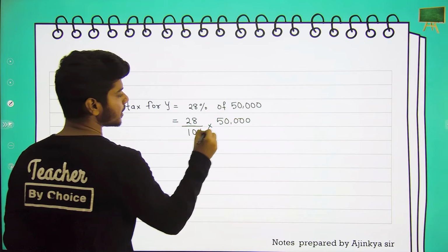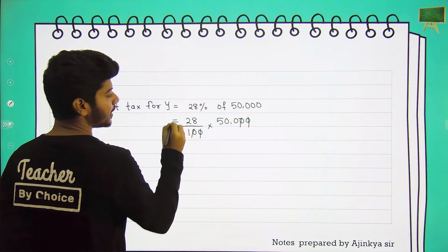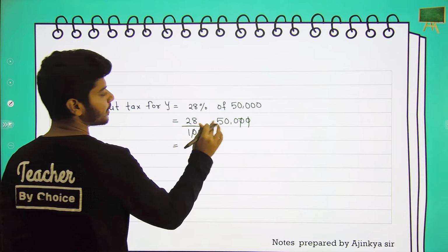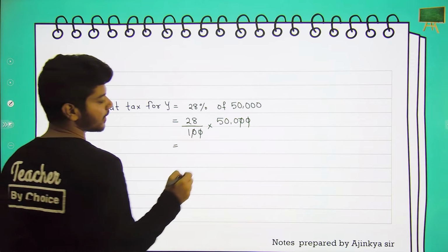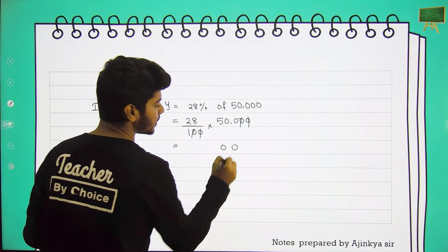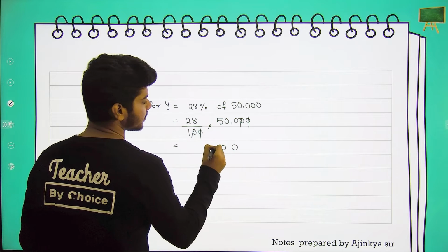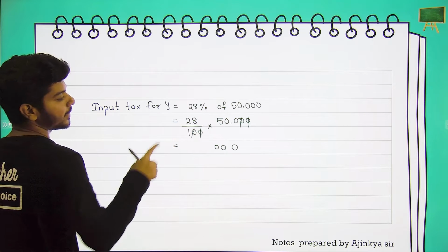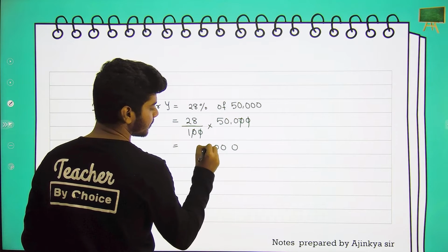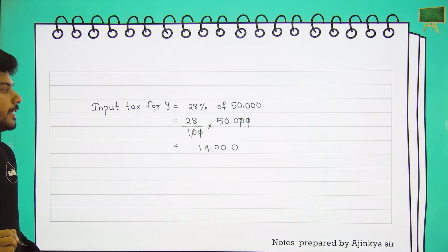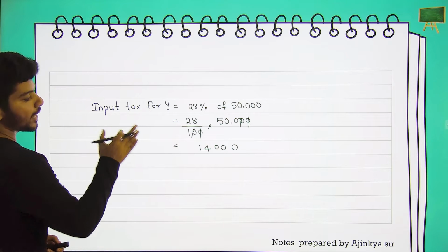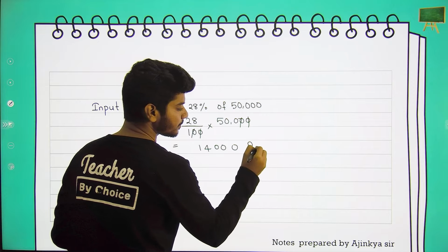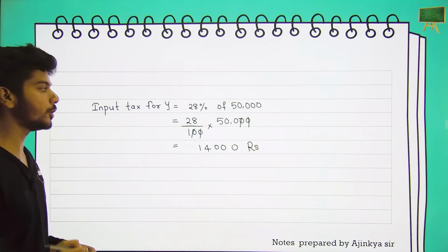Cut the zeros, and let's multiply 28 into 500. 5 8s are 40, 5 2s are 10, 10 plus 4 is 14. So 14,000. Can I say input tax is 14,000 rupees? Input tax is 14,000 rupees.